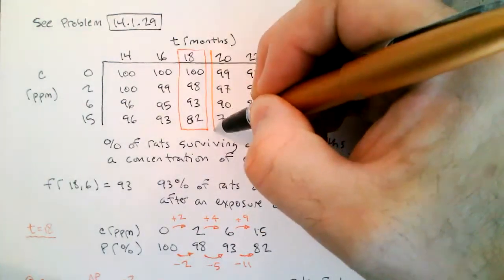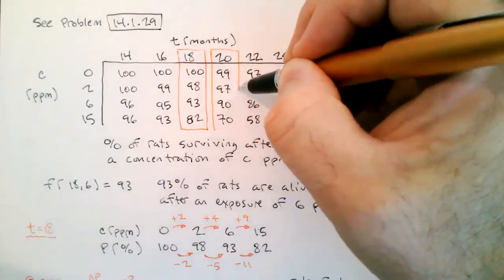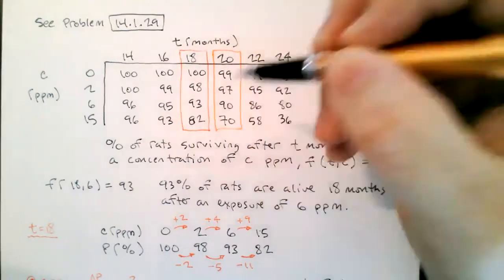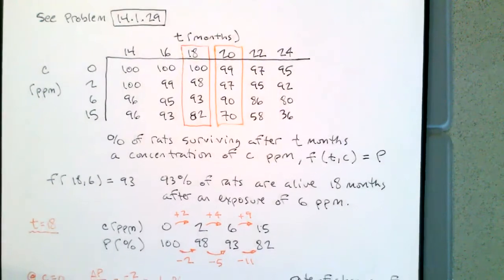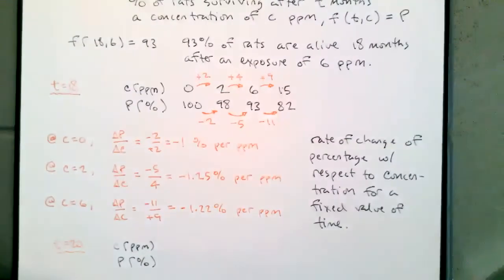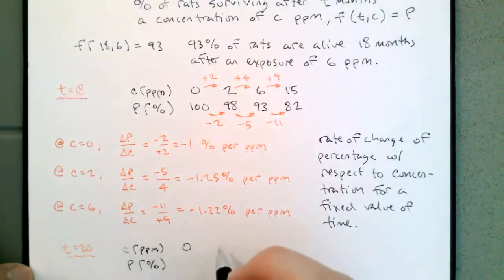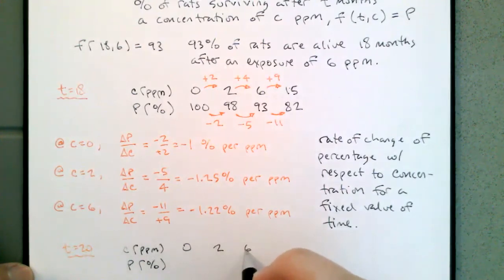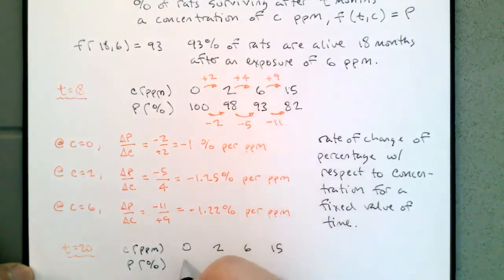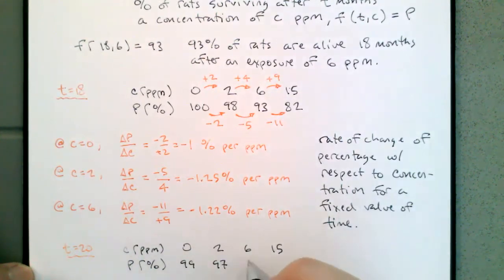We go from 99 to 97, 90, and 70. So for the same concentrations, 0, 2, 6, and 15, we go from 99 to 97 to 90 to 70.